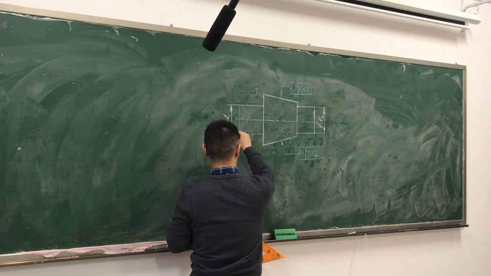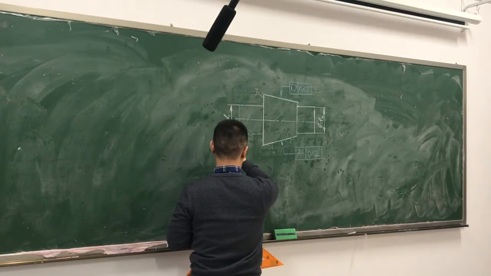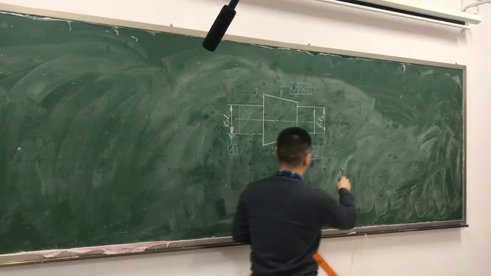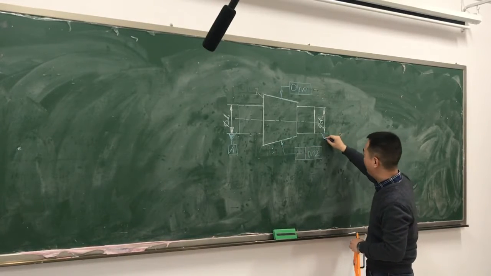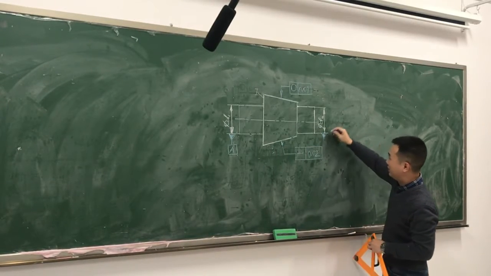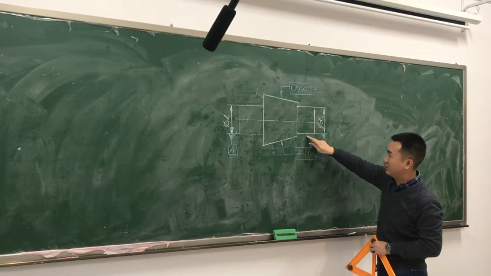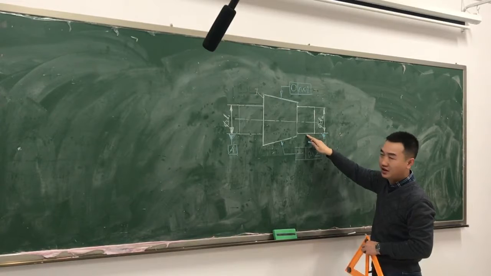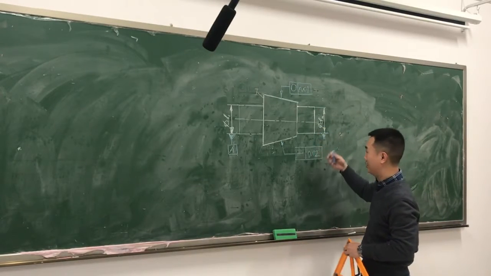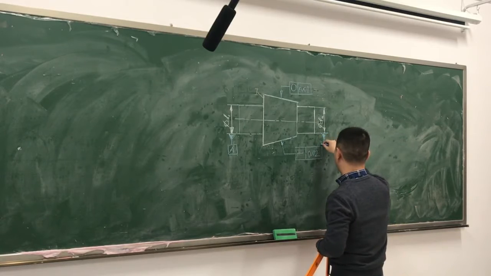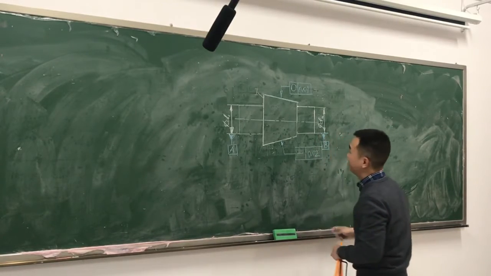We should put the datum A here and write down datum A. And here we got the datum B. Just remember, you should put the datum aligned with the dimension line. You cannot put it here. If you put it in this place, it means that the datum is the surface of the cylinder, and that is not correct. Okay, this is the datum B.